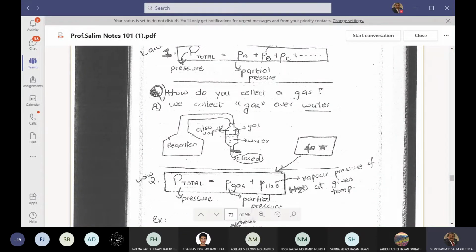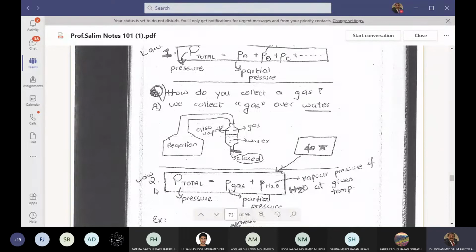So this empty space has gas and some vapor pressure, bukhar from water. So if I measure the total pressure, my total pressure is equal to P gas plus P water.